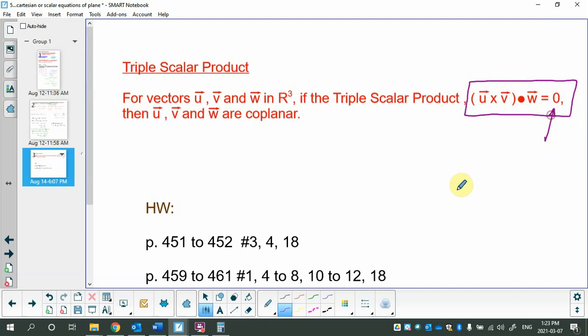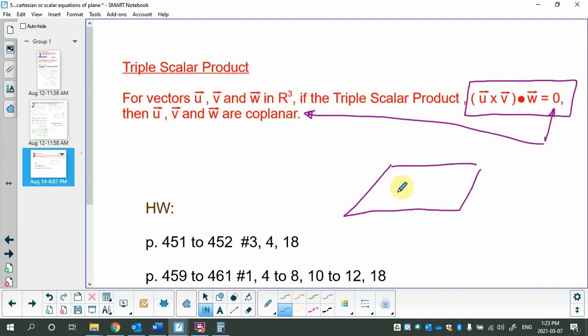This is the result of the triple scalar product if your vectors are coplanar, meaning if your three vectors lie in a plane, as opposed to, I don't even know if I can draw this, this one sticking out, but not necessarily at 90 degrees.